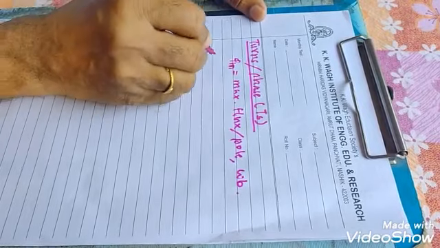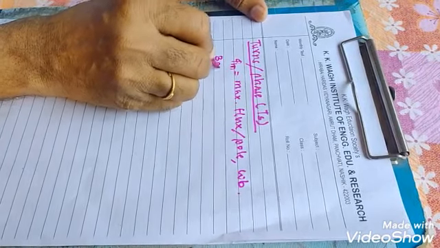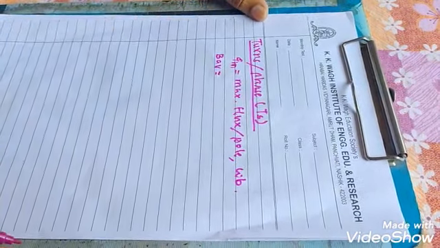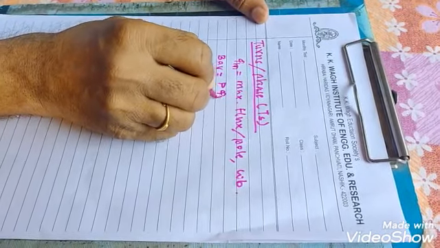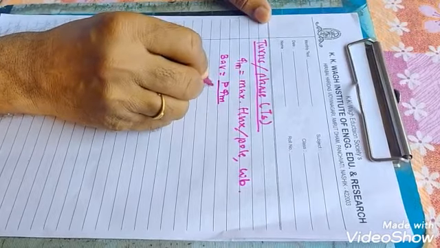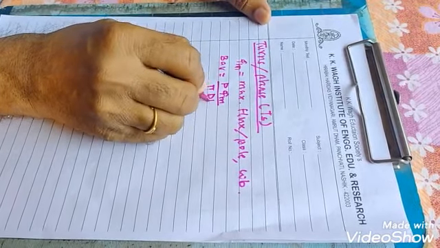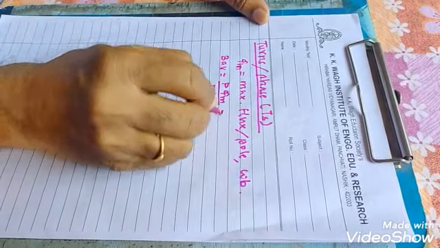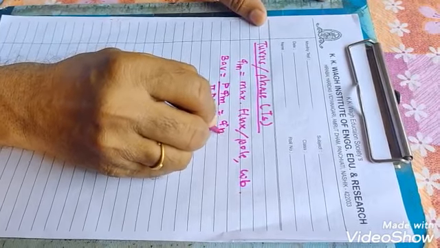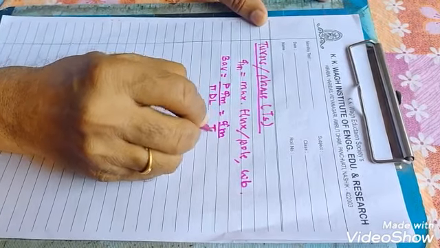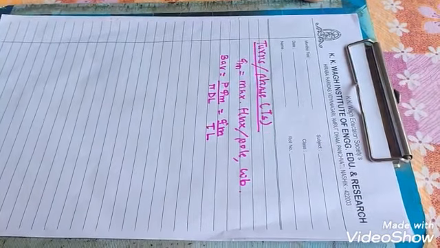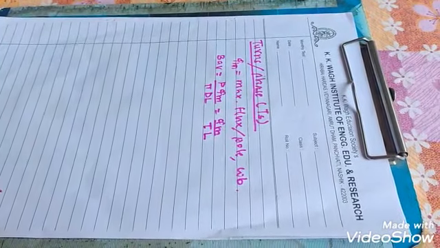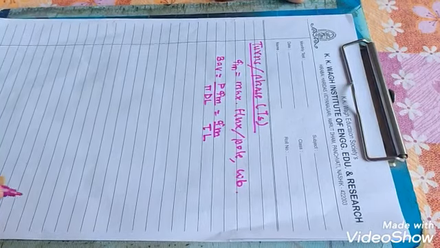Now we have B average, specific magnetic loading. B average is P phi m upon pi D L, or this is phi m upon tau into L. Tau is the pole pitch. This is pi D upon P.